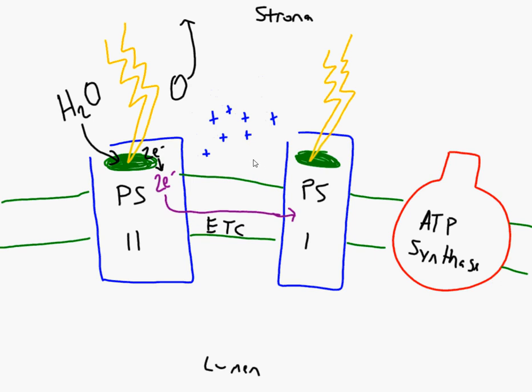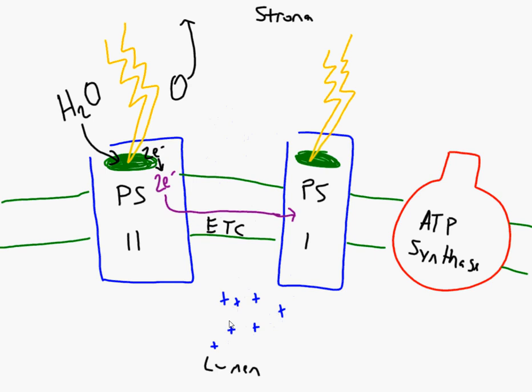Those electrons, actually, we're talking about them right now. The electrons passing through the electron transport chain, that series of redox reactions passing electrons off, that is going to power the movement of these protons into the lumen. And what is that going to do?